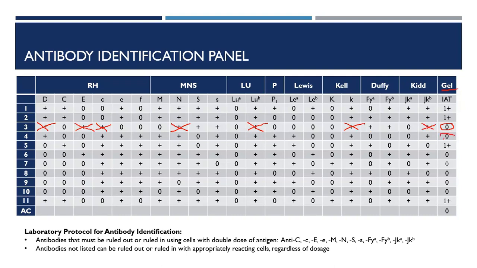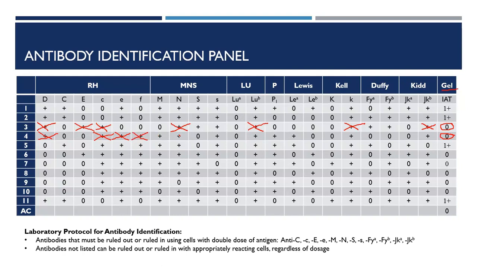Our next negatively reacting cell is cell number 4. So I can rule out D again here, and I do rule out each panel cell independently or individually. That's just how I was taught, and that's how I do it. So we have double dose here, and F does not have an antithetical allele, so if it's present, we just cross it out.